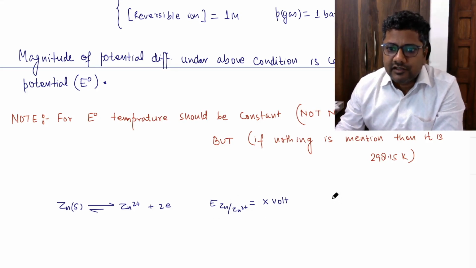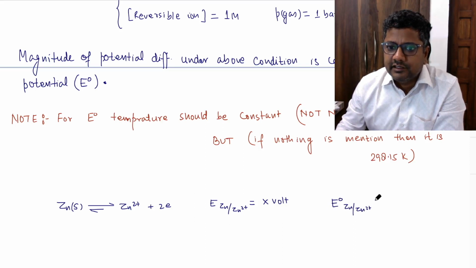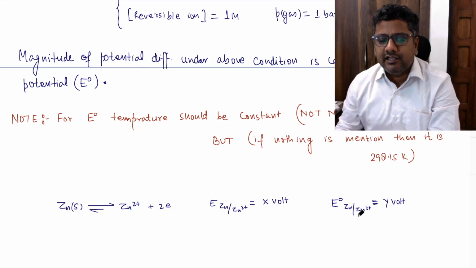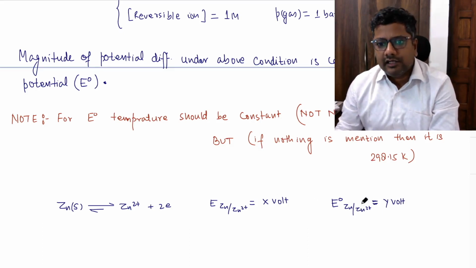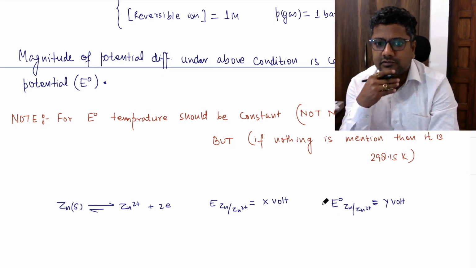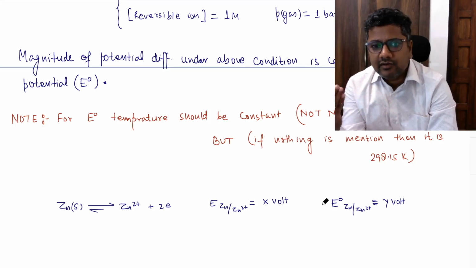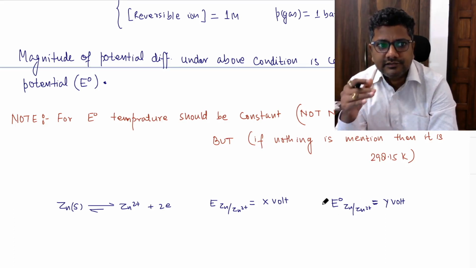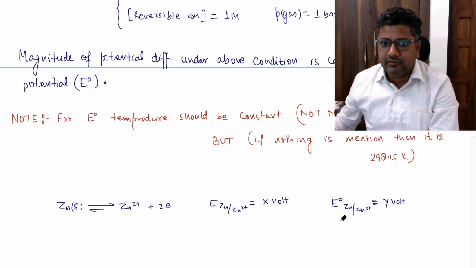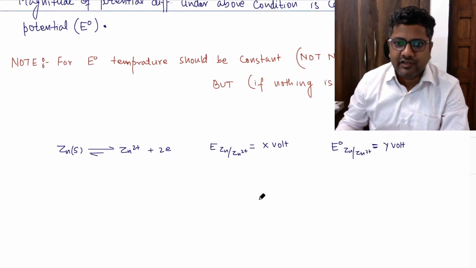Similarly, under standard condition, this is E naught. How to write this? E naught for Zn oblique Zn2 plus is equal to, let it be Y volt. It means you can say that E and E naught are not equal for any given electrode. Clear? And we have two types of potential.